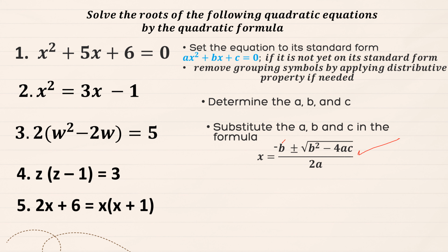The double sign, plus and minus, is before the radical expression b squared minus 4ac, and this is all over 2a.